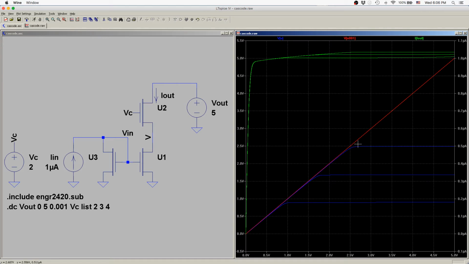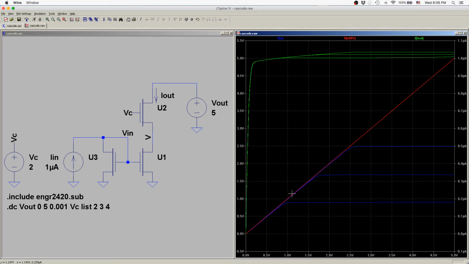And when it starts falling out of saturation, we go deep into the ohmic region, and eventually we get very, very little voltage drop across that cascode transistor. It's just a little tiny bit of series resistance. It might as well not even be there. It's not doing us any good, really.